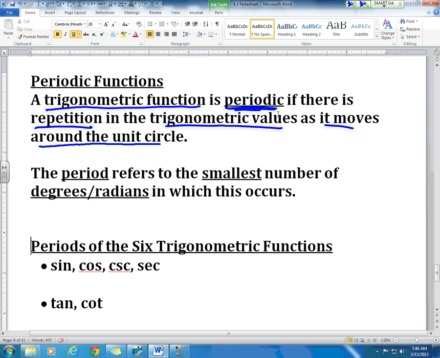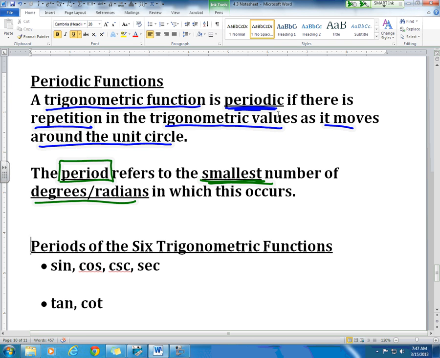When you look at your trig value chart, check where you see the repetition. Over how many degrees or radian units does the repetition occur? The period of a trigonometric function refers to the smallest number of degrees or radians in which that repetition occurs.